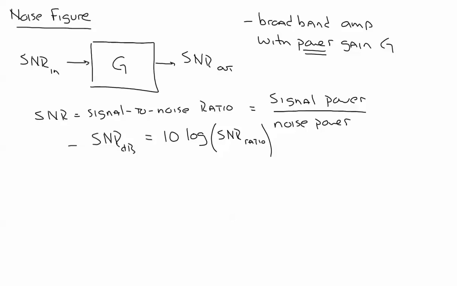Okay? If we're dealing with voltages or currents, we use 20 log. If we're dealing with power ratios, we do 10 log. Okay? All right, so let's think about this.